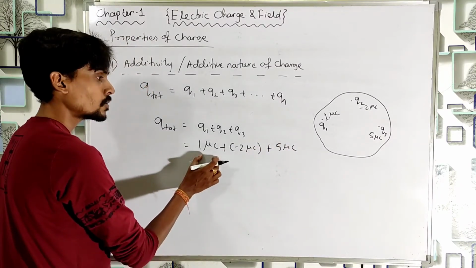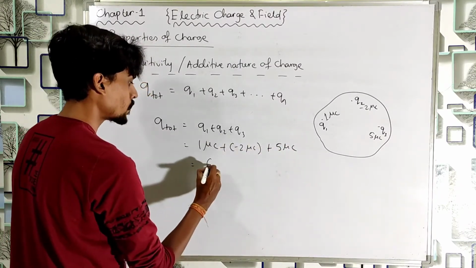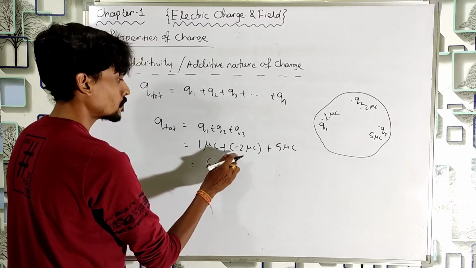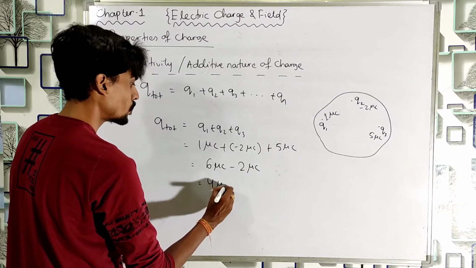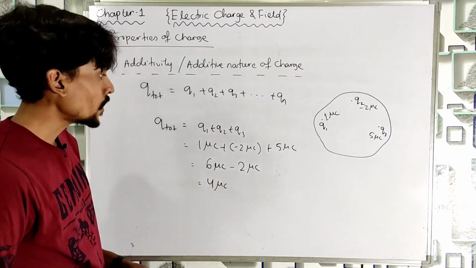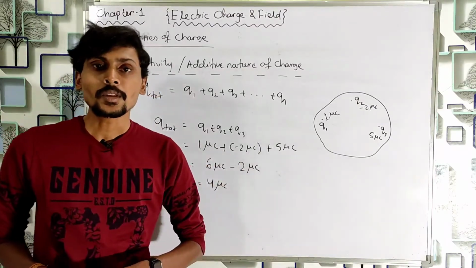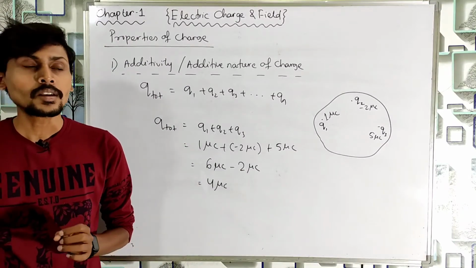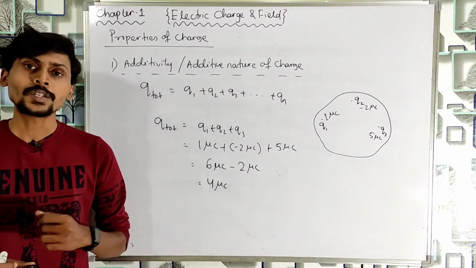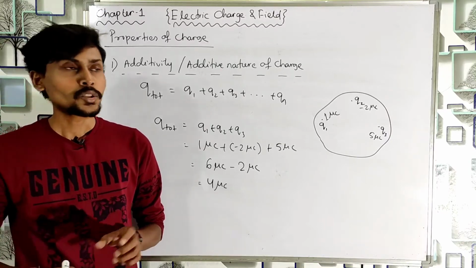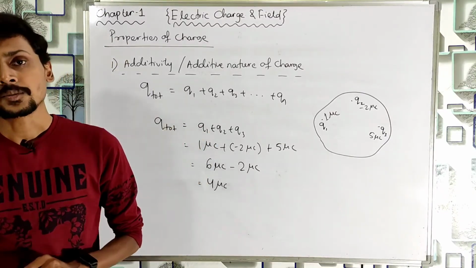So 1 microcoulomb plus 5 microcoulomb is 6 microcoulomb, then plus minus 2 microcoulomb. The answer will be 4 microcoulomb. So when you add charges, you have to also mention their signs. The charge may be positive or negative. So this is the additive nature of charge.